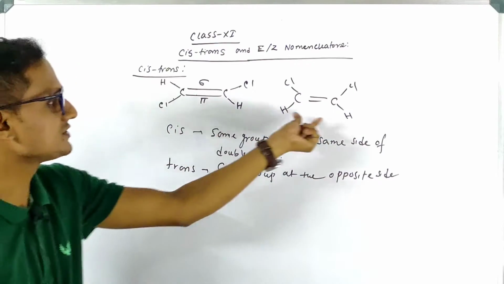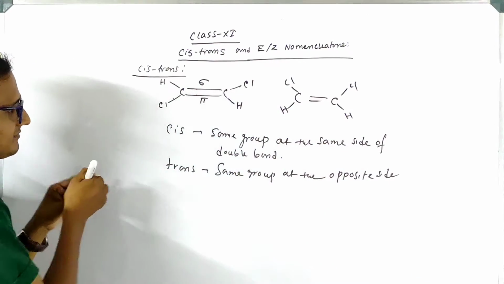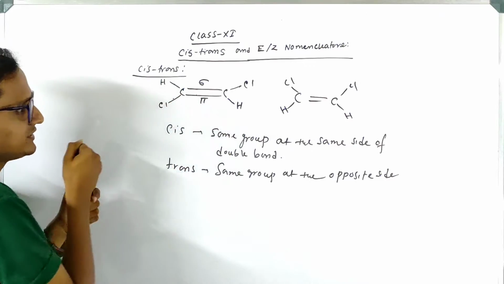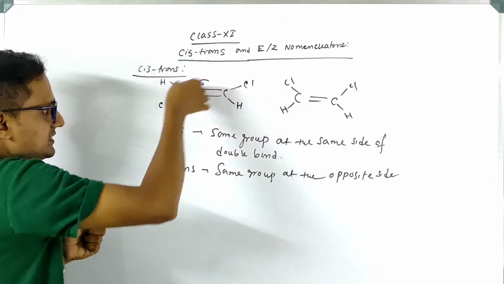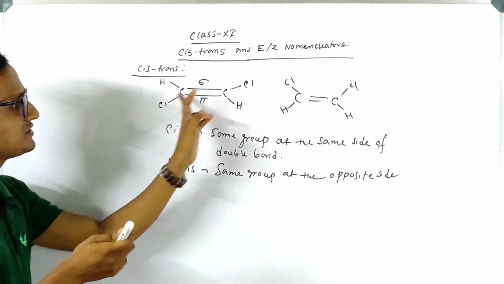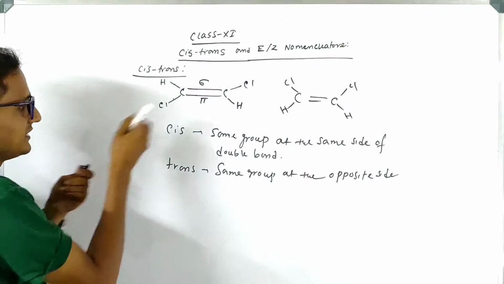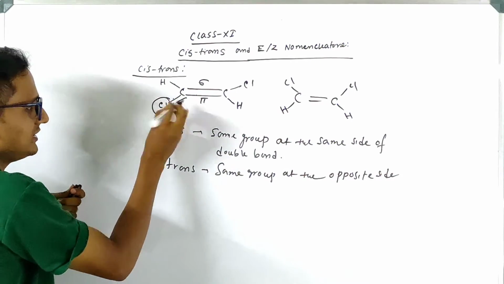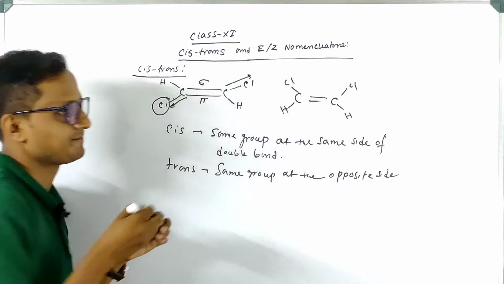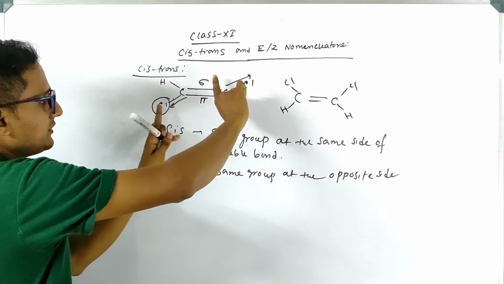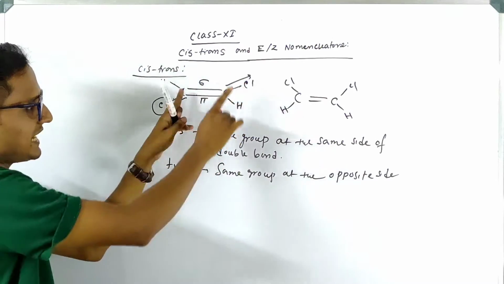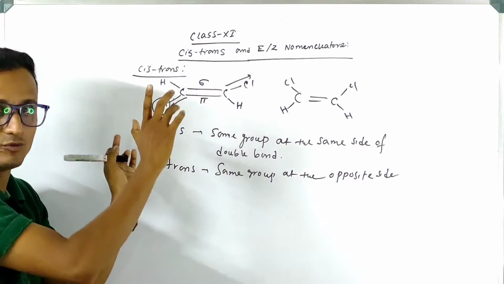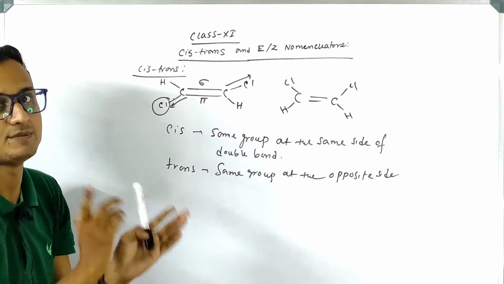Now you follow these two compounds. This is number 1 compound, this is number 2 compound. If you follow this one, you will see that 2 chlorines are in the opposite direction of the 2 carbons. Here this chlorine is attached here only, and this chlorine is attached in the opposite direction. So the 2 carbons which are attached with the double bond have the same group in the opposite direction, not in the same direction.